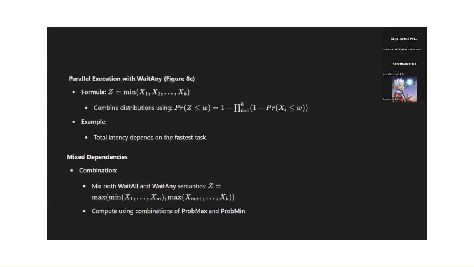In mixed dependencies, WebPerf combines both wait-all and wait-any semantics, where some tasks must all complete, and others require only one to finish. This is computed using a combination of maximum and minimum latency operations, leveraging tools like ProbMax and ProbMin to ensure precision. This flexibility allows WebPerf to capture a wide range of task dependencies and execution patterns for accurate latency prediction.